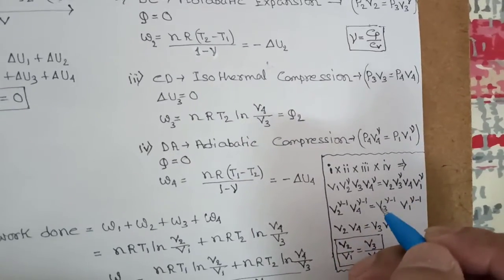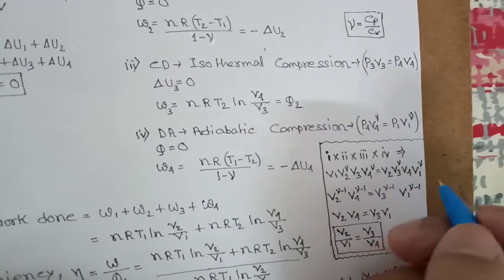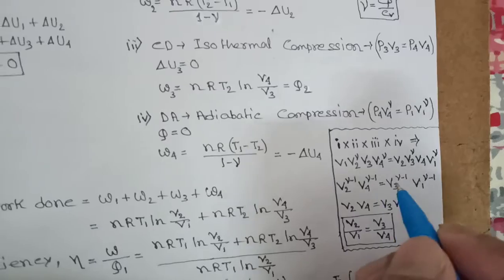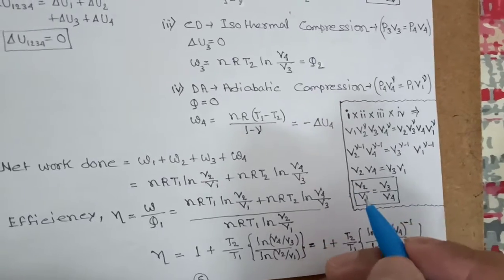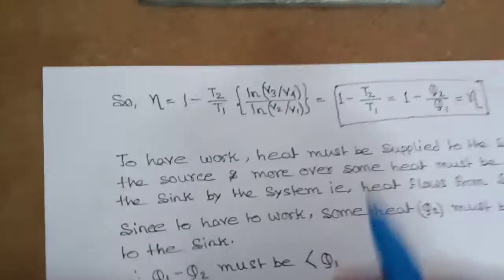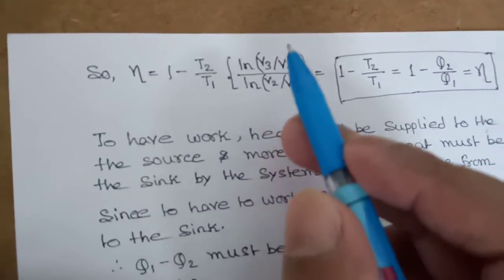Then V3 gamma minus 1 and V1 gamma minus 1. So all the gamma minus 1 will cancel. So we can write V2 V4 is equal to V3 V1, or V2 by V1 equal to V3 by V4. So in place of V2 by V1, if you write V3 by V4, then these two will cancel out.